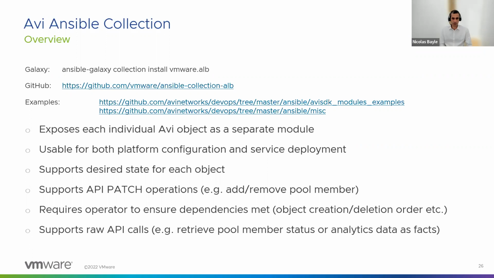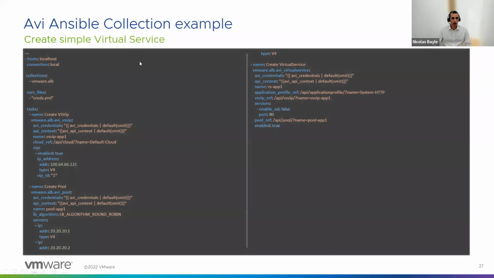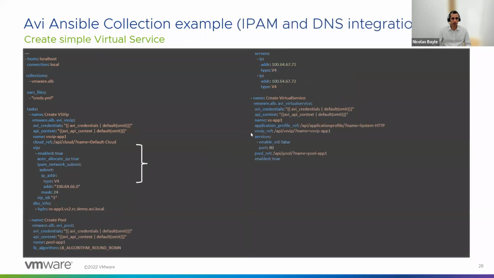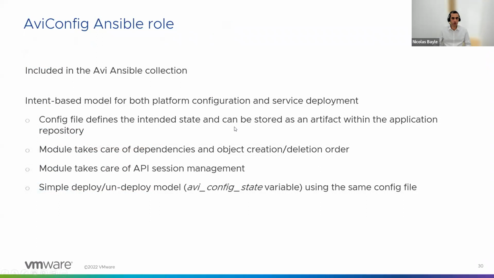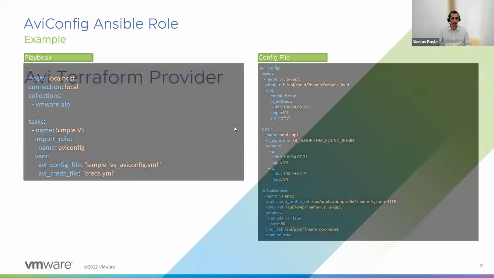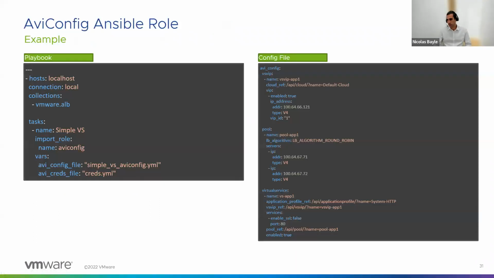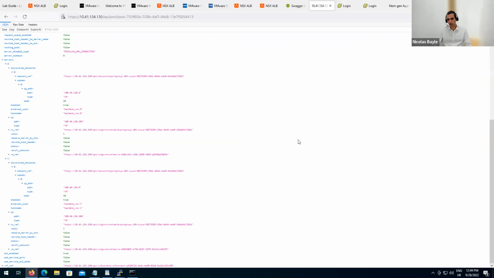When this session is created, it will tell your AVI controller, oh, by the way, I want this VSVIP, I want this pool, and I want to create this virtual service. All right, so something quite easy to use. And here you have an example, but instead of just using this example, what I propose is we use a demonstration that I have prepared for you about Ansible. So let me show you what I have.